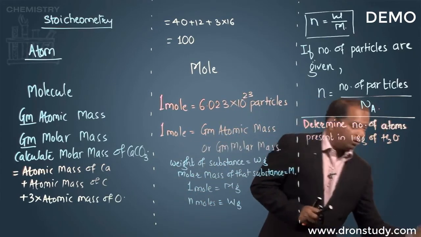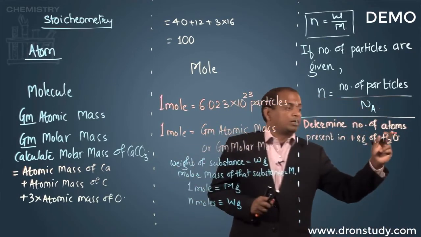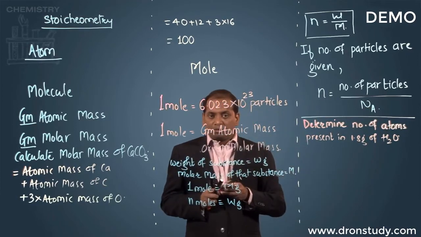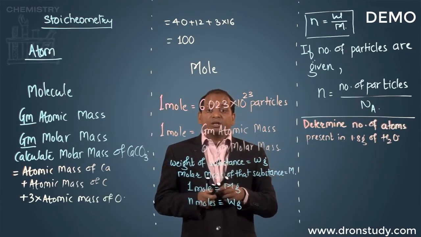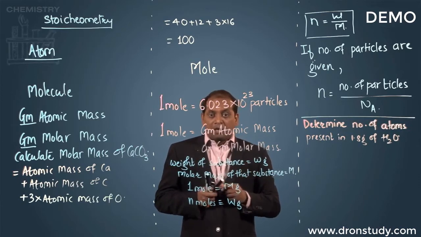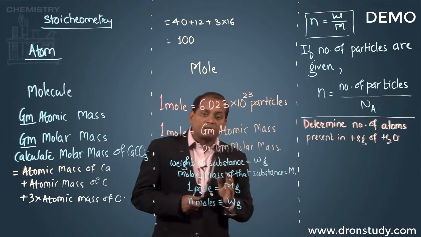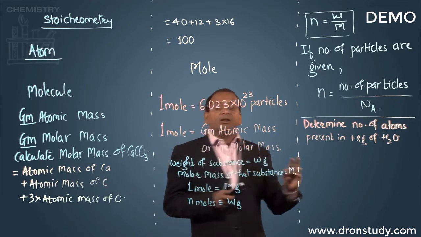First of all, we have to determine atoms, and H2O is a compound. A compound consists of molecules and a molecule consists of atoms. So first of all, we have to determine the molecules.